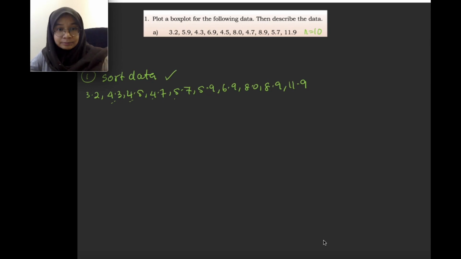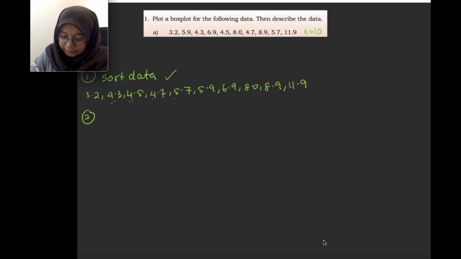I have sorted my data already. Step number 2, find the minimum value. The minimum value here is 3.2. Okay, and the maximum is 11.9 here.